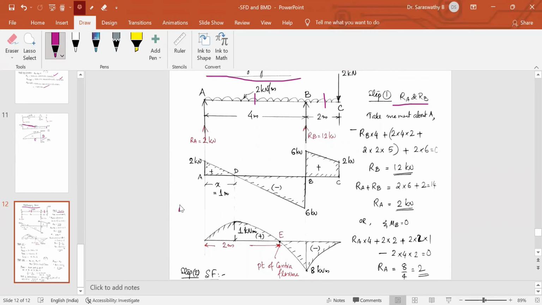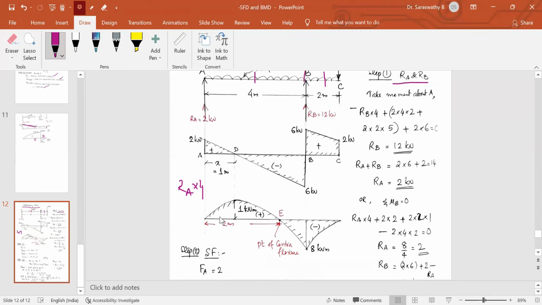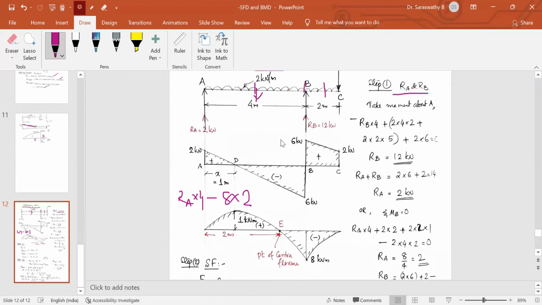Then this much portion of load, 2 into 4, up to the left of B, the load is 8, acting at a distance 2 meter, produces anti-clockwise moment.